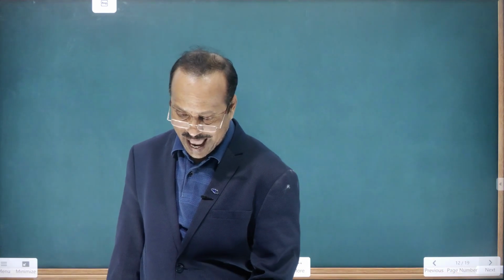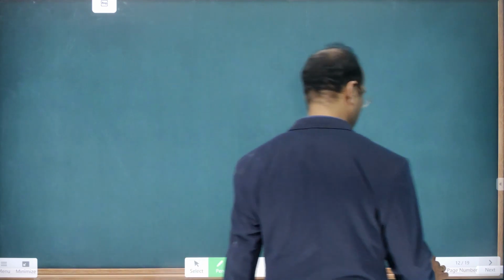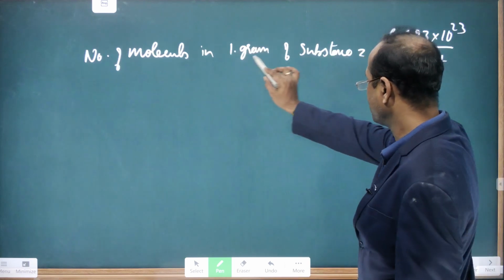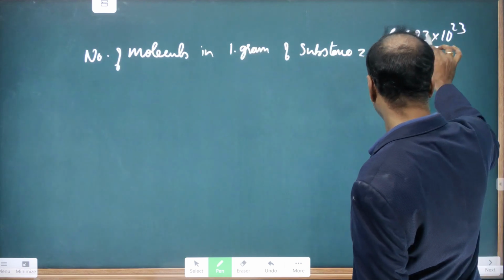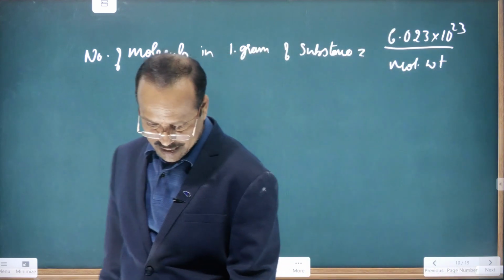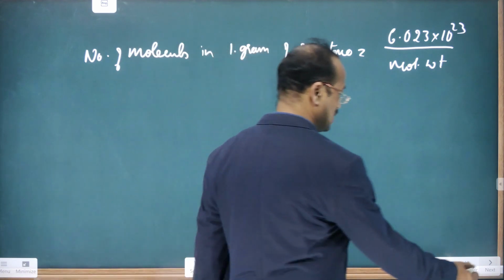Number of atoms in 1 gram of element. The number of atoms in 1 gram of substance is 6.023 into 10 to the power of 23 by atomic weight. So that is first option. Sixth one is first option.